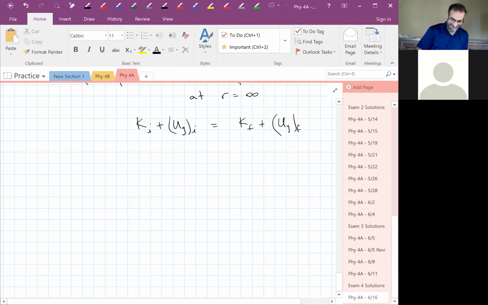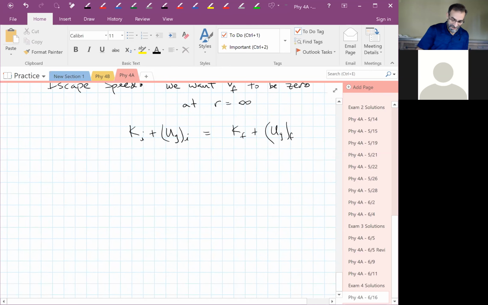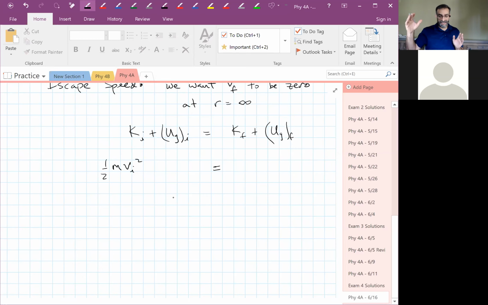Sort of. Initial kinetic energy, 1/2 m V initial squared. Final kinetic energy, zero. We want it to come to rest at infinity.